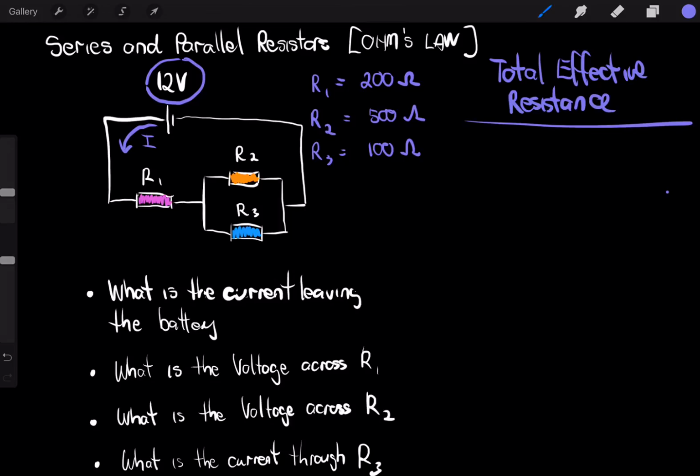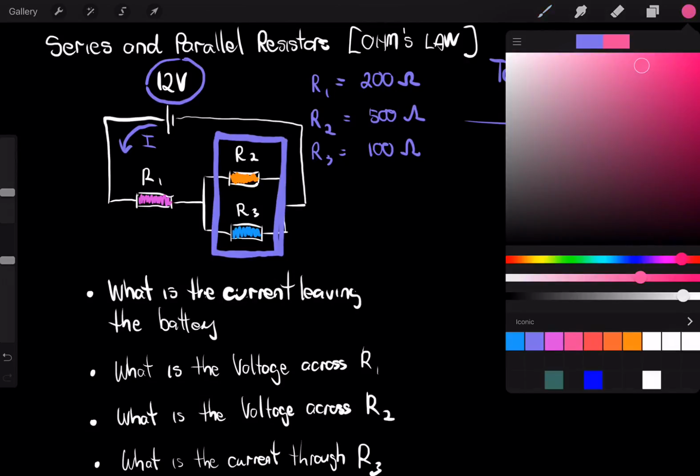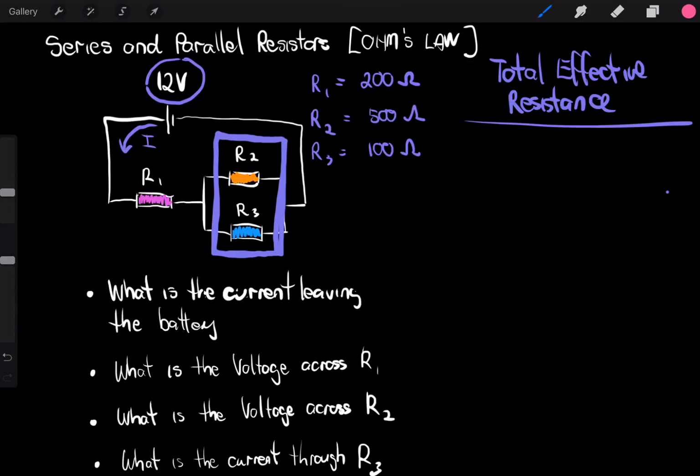In this particular circuit, we can see that R2 and R3 are in parallel with each other, and they in turn are in series with R1. The purple section is the two parallel resistors, and the pink section, they're in series. So let's work the inner rectangle first.